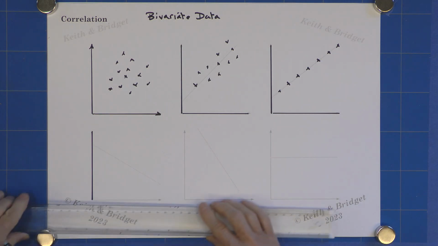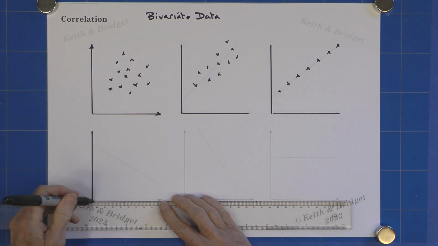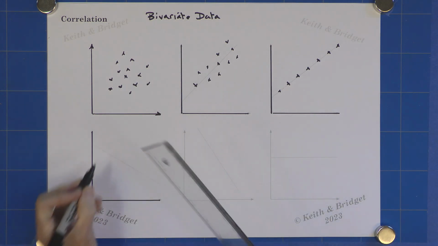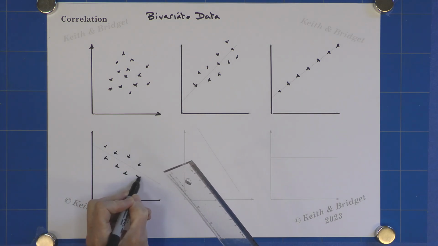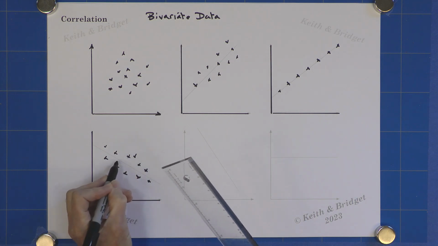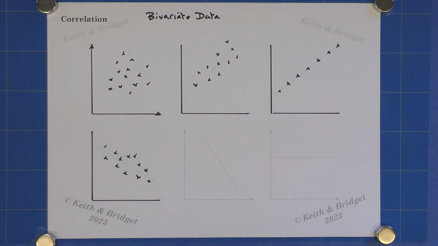In other situations, we may have them vaguely fitting on a line with a negative gradient.